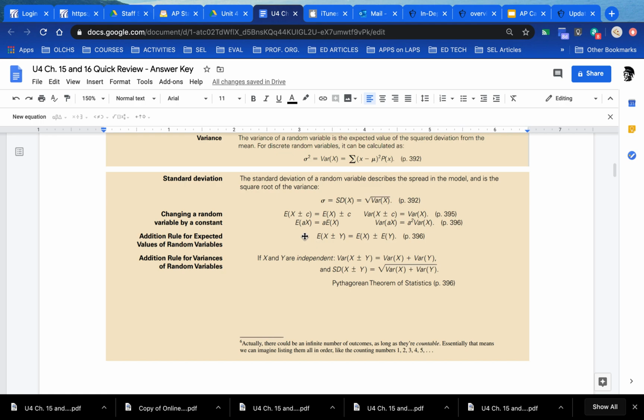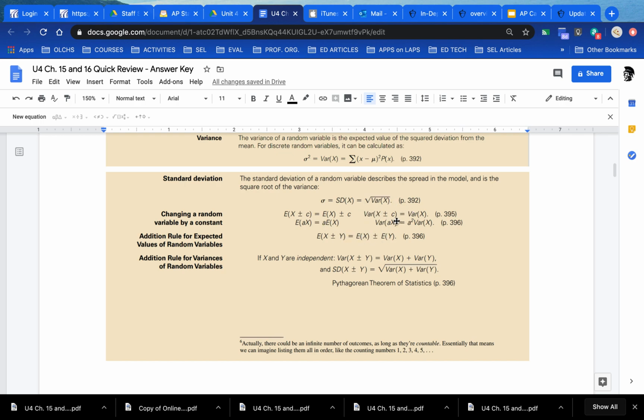Basically, what they're saying here is that for the expected value of a random variable plus or minus a constant, you just add the constant onto the expected value or subtract it. If it's multiplied by a constant, same thing. And if you're adding or subtracting two random variables, the expected value is just the sum of their individual expected values. So everything with expected value is very straightforward.